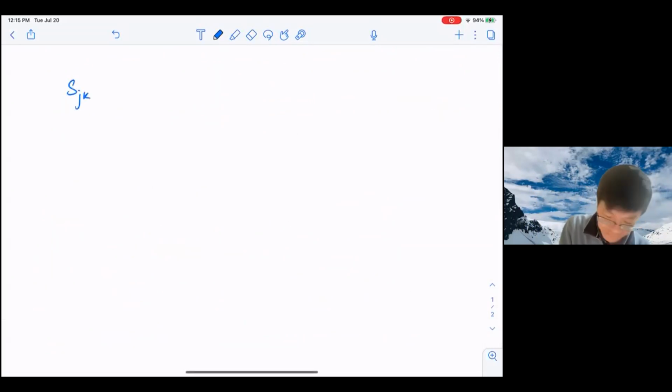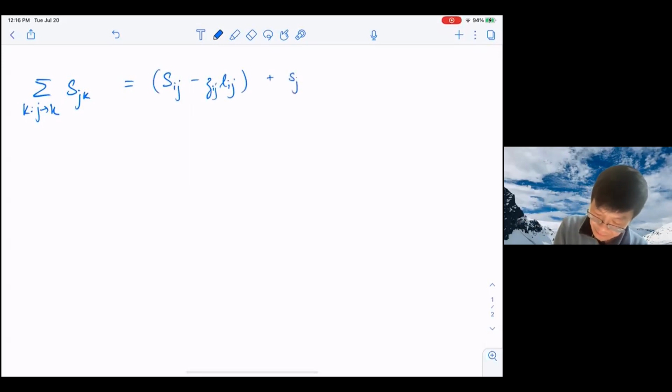We saw that before. Sum over k. So I'm looking at node j, and I write down the power balance. This is the outgoing power from node j to the downstream nodes, and it equals the receiving power from i to j. So it's the sending power minus the loss plus the local injection.